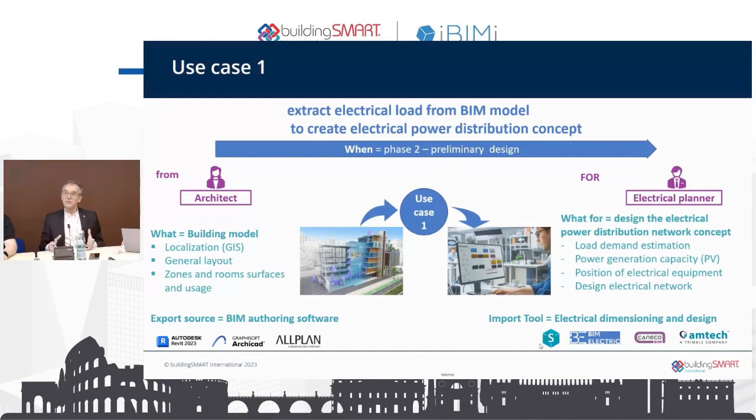Then as an electrical designer, I need to know where I will place my equipment and where I will route my cables. So then I need to lay out my network, having a kind of synoptic, if I can say so. And here regulation starts to come in.